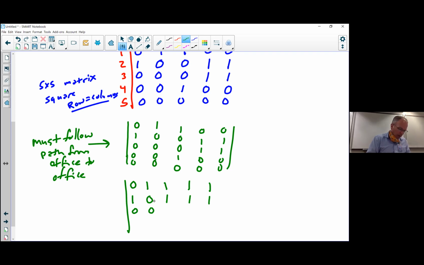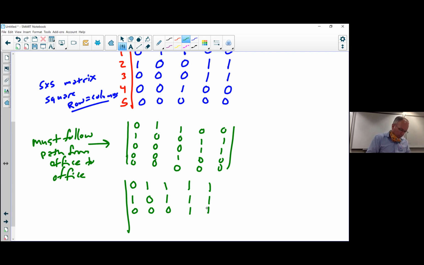Okay, kind of the buck stops there. From 3 to 3 is also a 0 because it's not going to report back to itself. From 3 to 4, that is a single path. From 3 to 5, again, that's a single path.